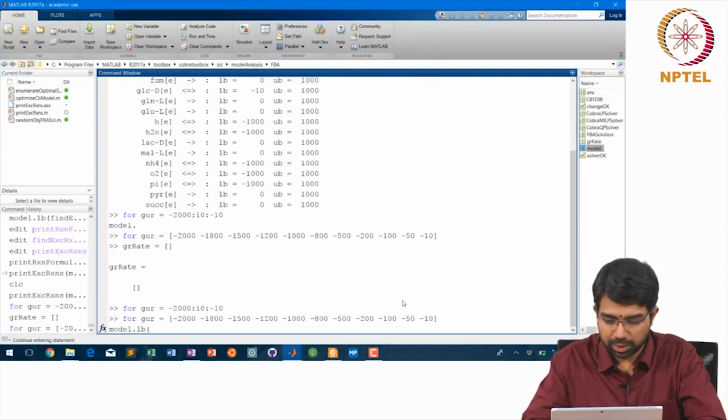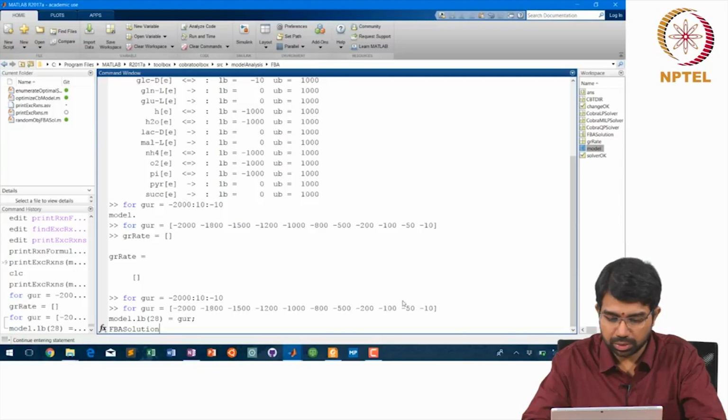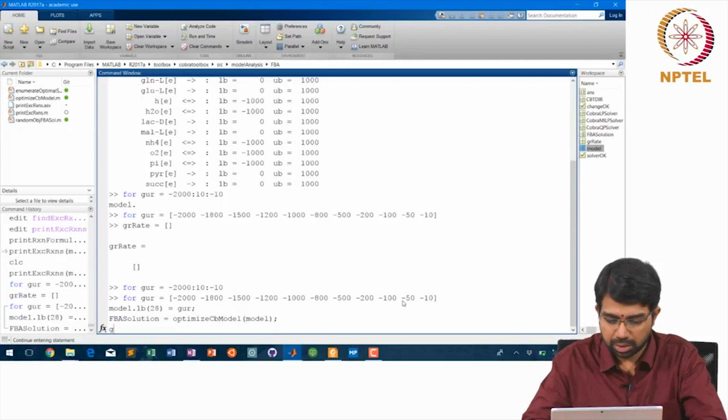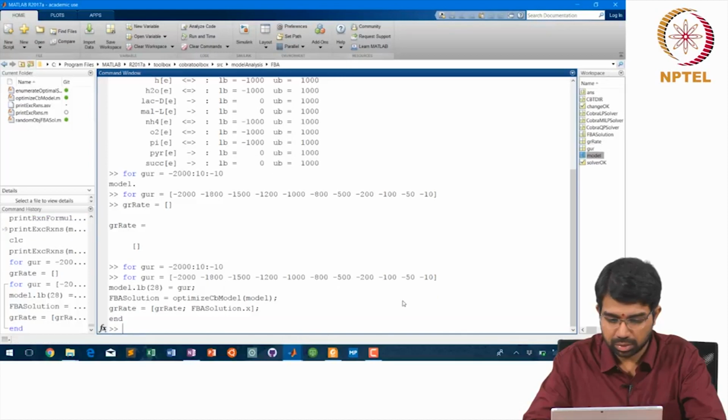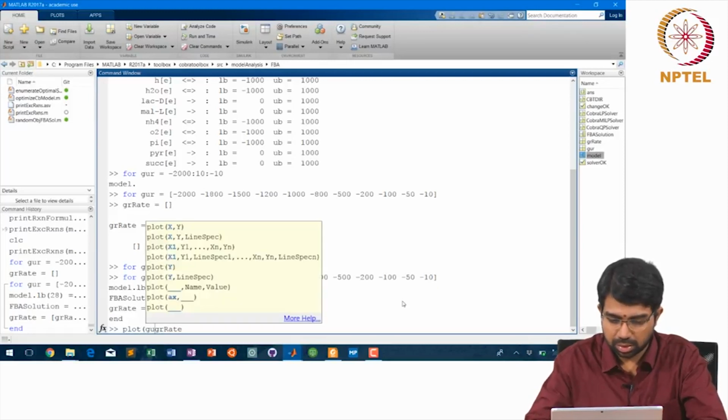Model dot LB 28 equals GUR. FBA solution equals optimize CB model of model, and GR rate equals FBA solution dot x. Now plot GR rate. Why dot x?